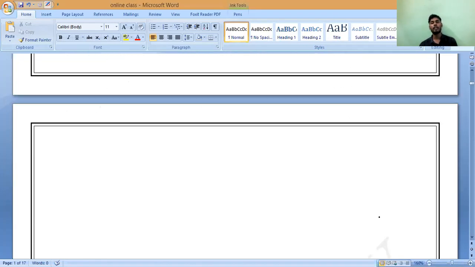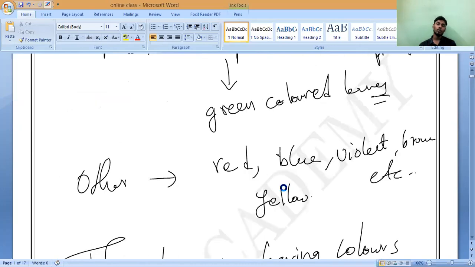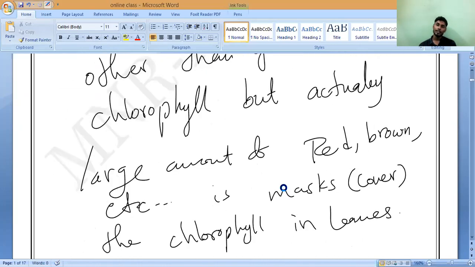So from this what we can say is, even though they don't have a green color, the other colors are present, so we can say that the photosynthesis reaction is carried out in leaves of colors other than green also. Understand? That is a point. Remember.